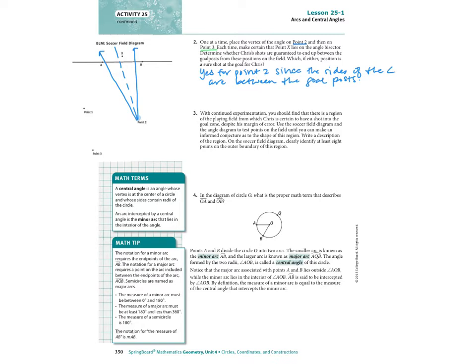You're probably going to figure out what happens with point 3. So let's go ahead and test it out. Again, if we had our measurement tool, this would be a lot nicer. I'm kind of just eyeballing it for you guys, using 30 degrees every single time. So for point 3, what happens is when we draw our lines for a 30-degree angle, you can see that we're kind of back a little further.